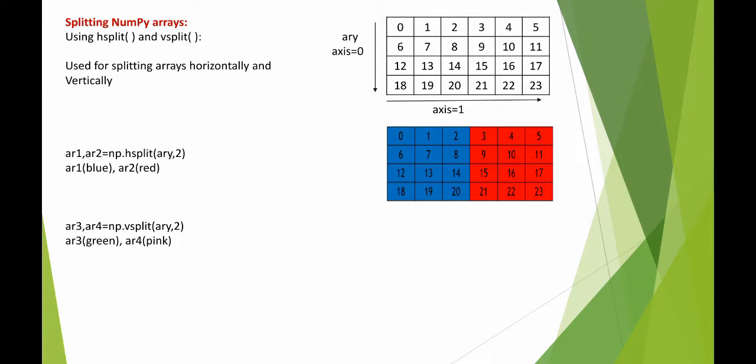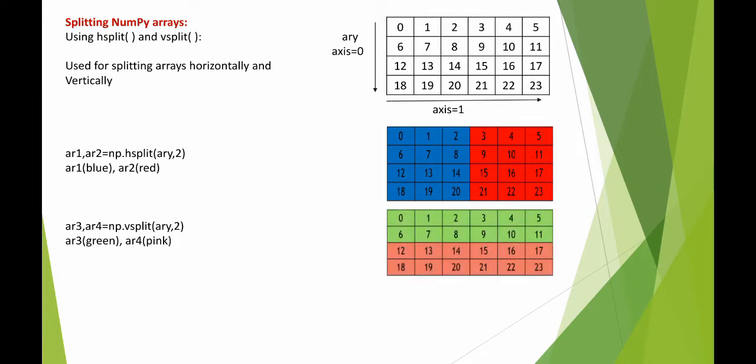Okay, so if you see, we have split the array ARY in two equal parts in a vertical manner. So if you see, there is a green part that is to be given AR3 name, and the pink part that is to be given the name AR4.